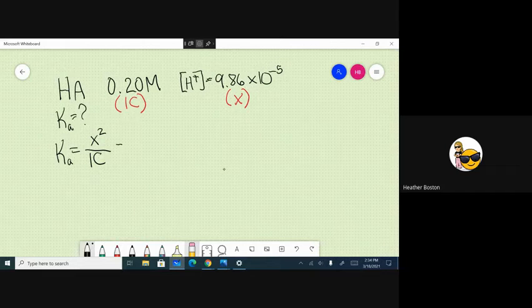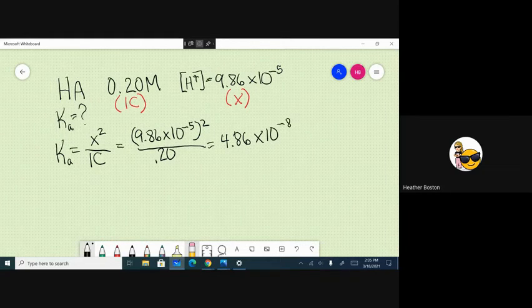So Ka is going to be 9.86 times 10 to the minus 5 squared over 0.20, for a Ka value of 4.86 times 10 to the minus 8.